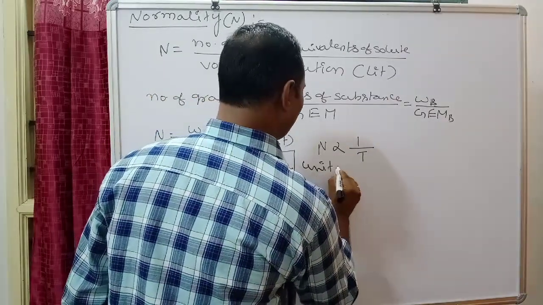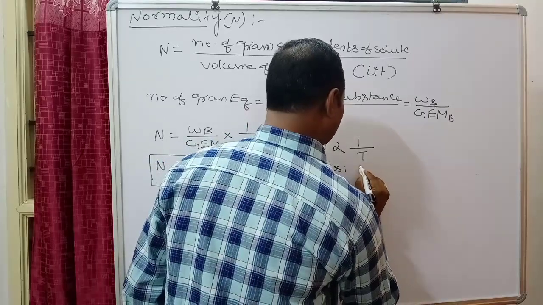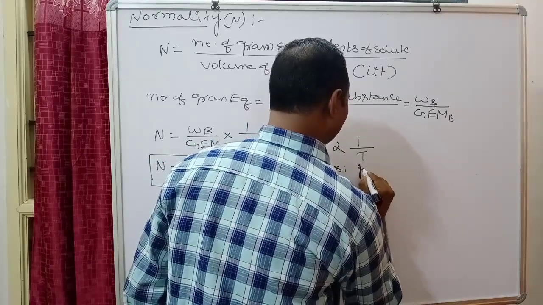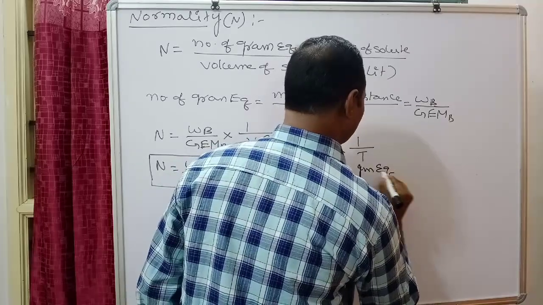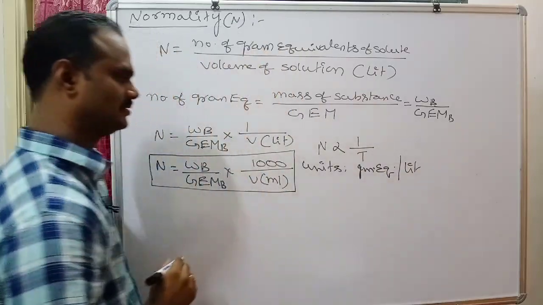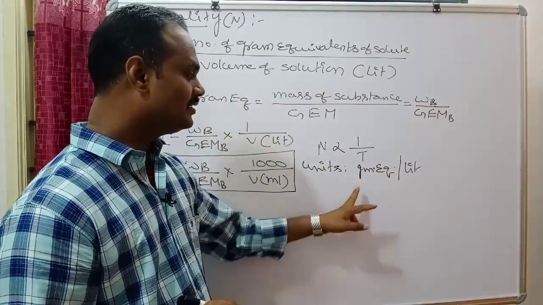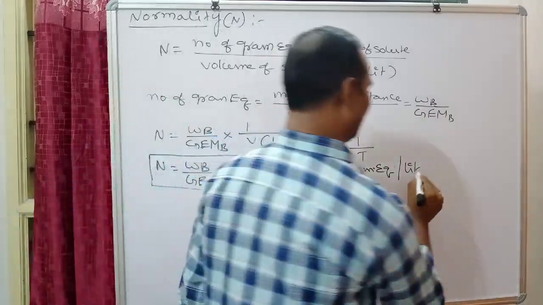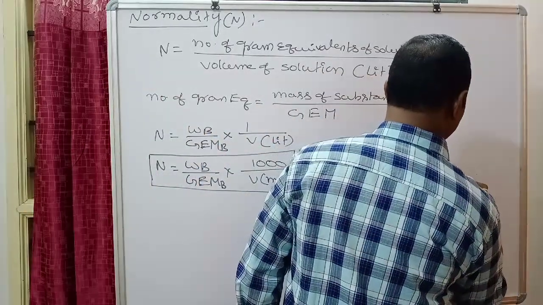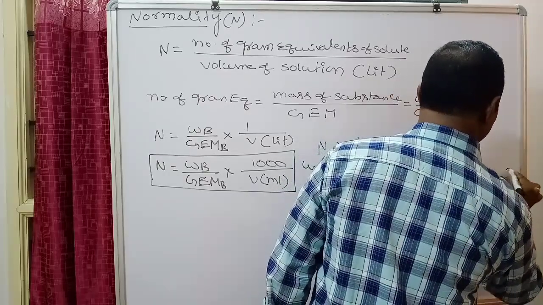Next, units for normality: gram equivalents per liter. Molarity is mole per liter, but here gram equivalents per liter or gram equivalents per decicubic meter.